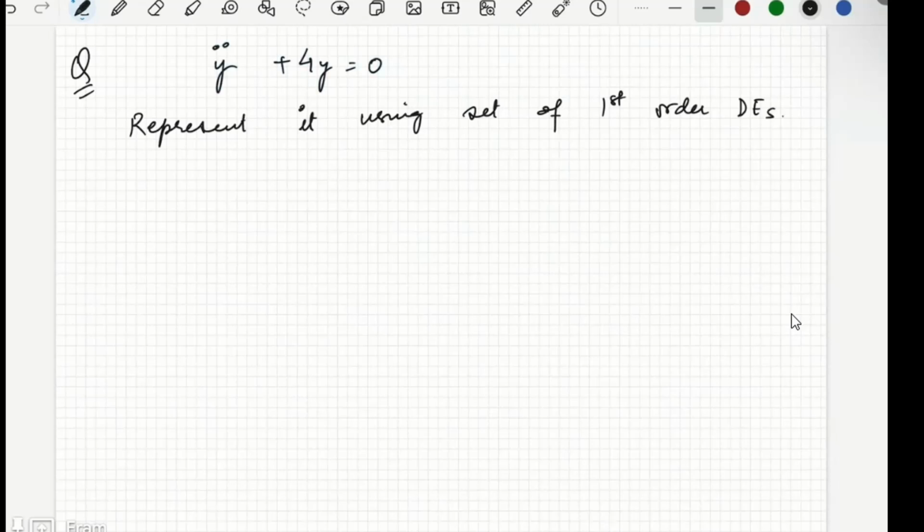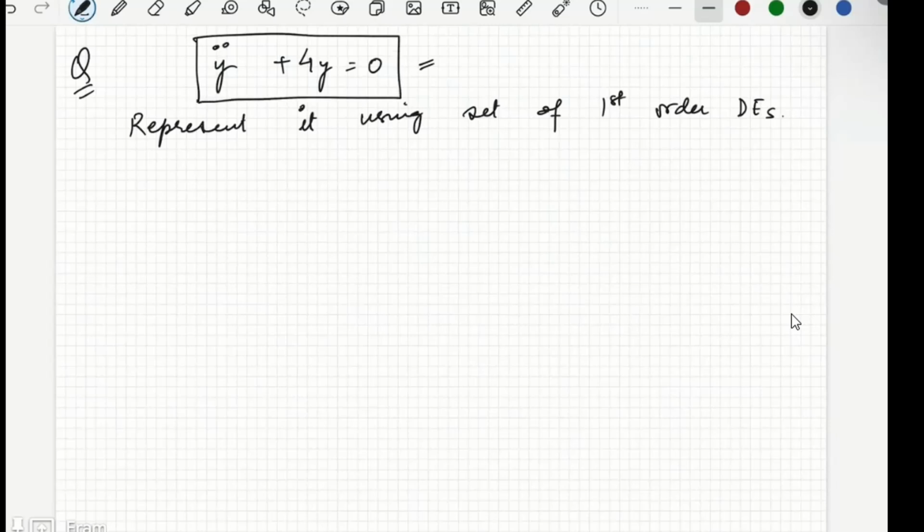What is the order of this ODE? The order of this ODE is 2. So how many first order ODEs do we need to represent this differential equation? The order is 2, so we need 2 first order DEs to represent this particular differential equation.